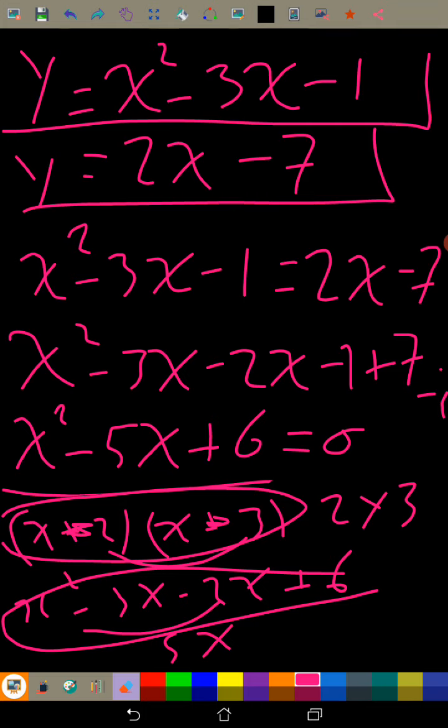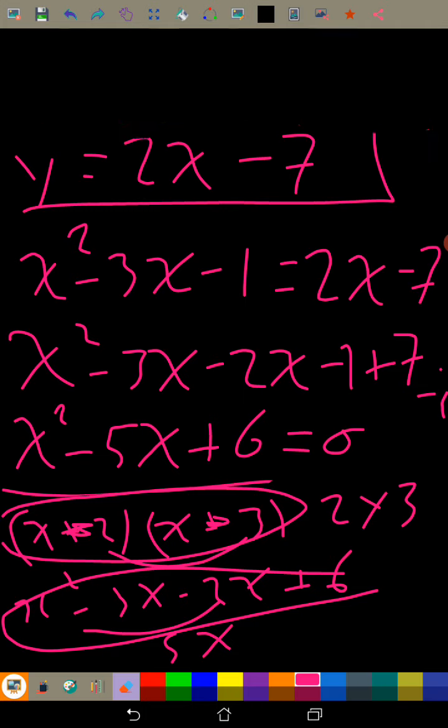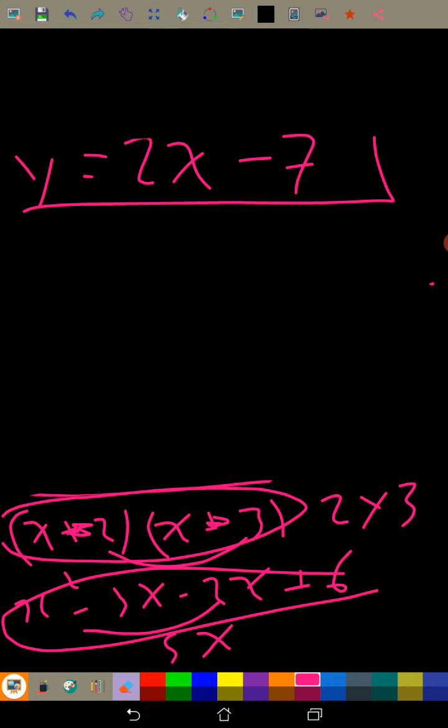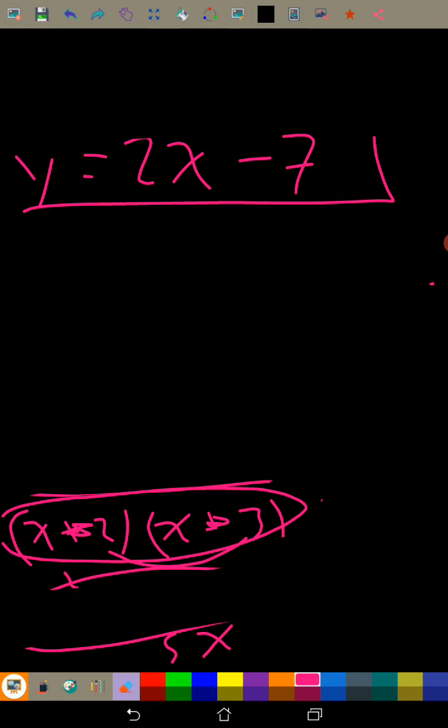But what we want is not just this. We want also the y for when this happens. So this is very easy. So we're going to remove this. We have all this removed as well. We want only this to stay.